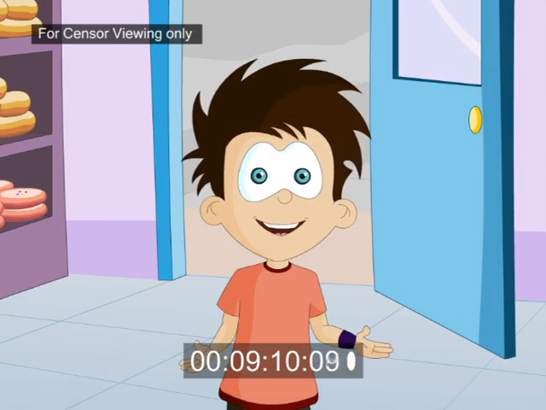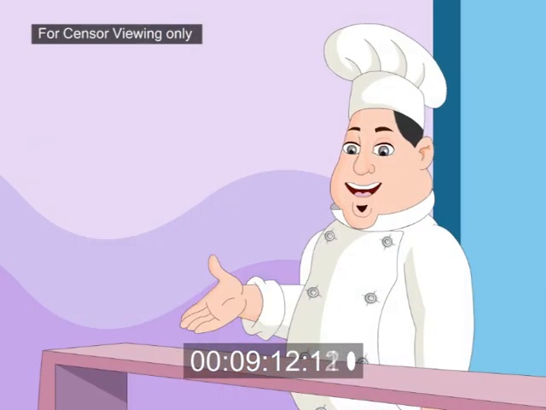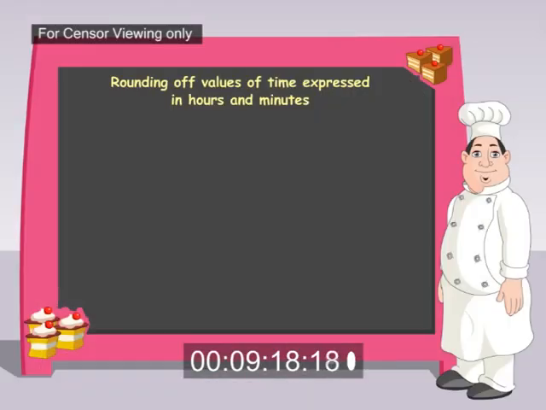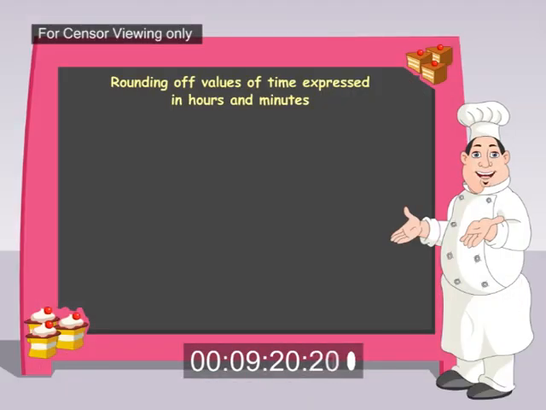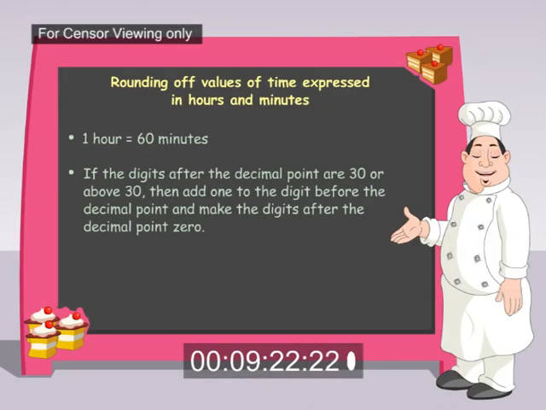What about time? Time measures like hours and years have to be handled a bit differently. Since 1 hour has 60 minutes, if the digits after the decimal point are 30 or above 30, you add 1 to the digit before the decimal point and make the digits after the decimal point 0.